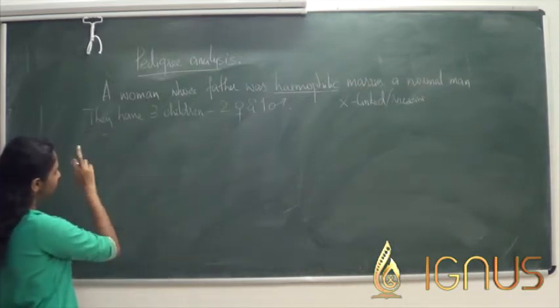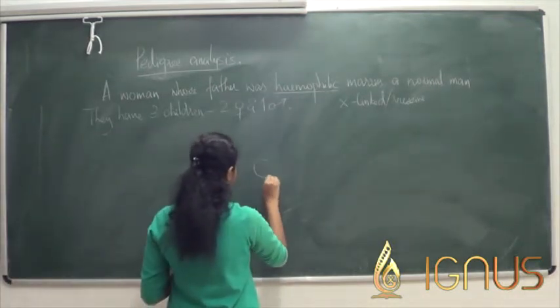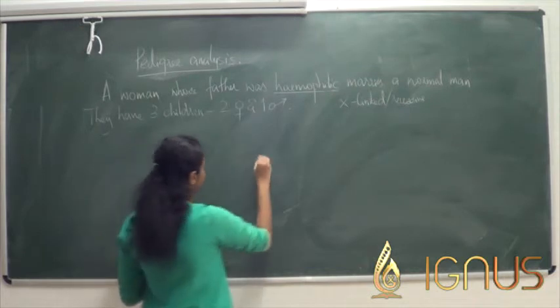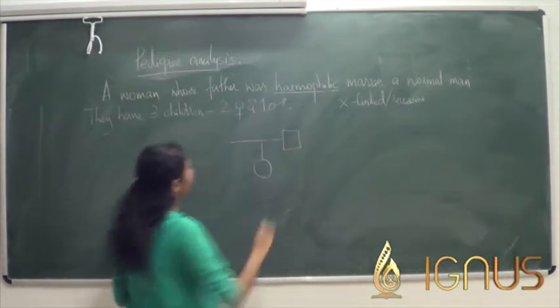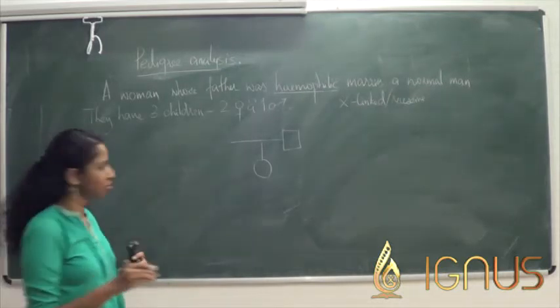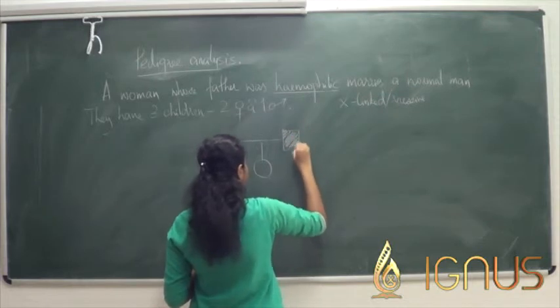Now the question reads, a woman who has a father. So let's start off with a woman. Okay, she has a father. Now the father is hemophilic, so he is affected.